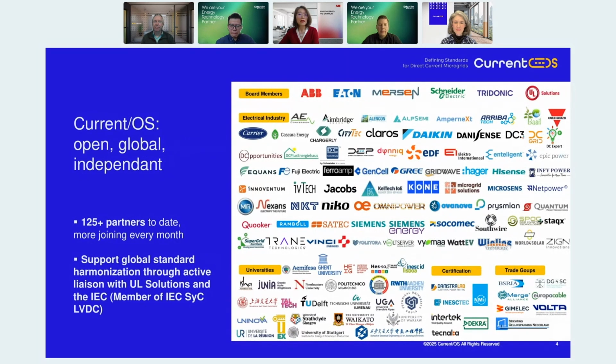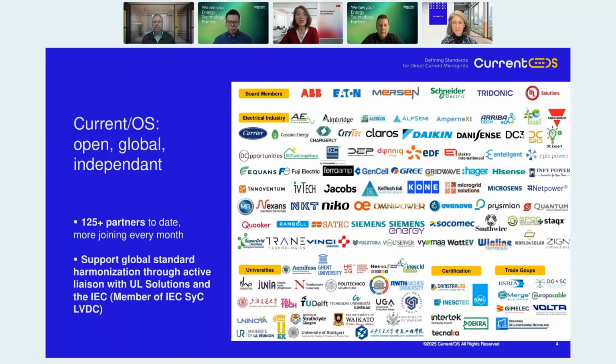Current OS is a global non-profit partnership of over 120 manufacturers and electrical stakeholders, working to shape the interoperable DC distribution standard and enable certified DC products and systems. This initiative promotes electrical safety, energy resilience, and the energy transition.